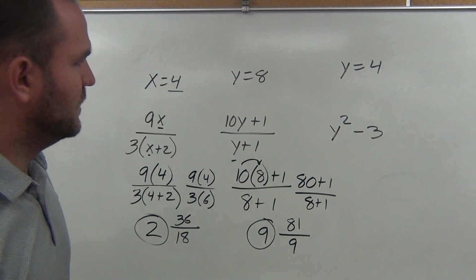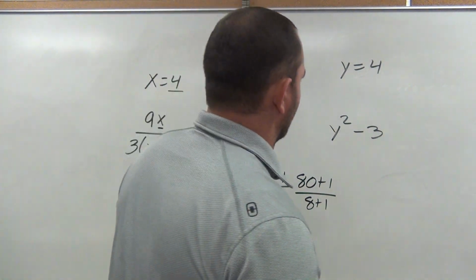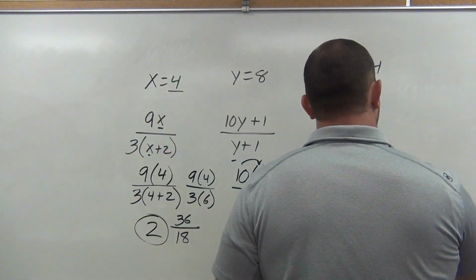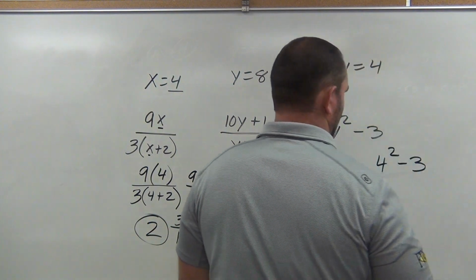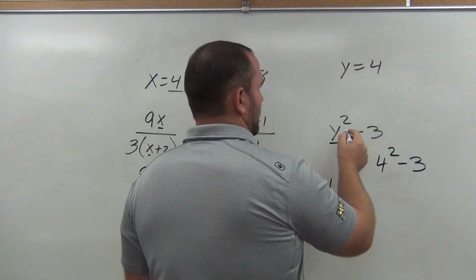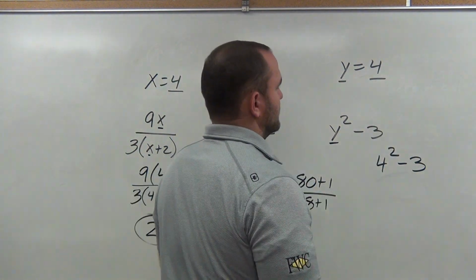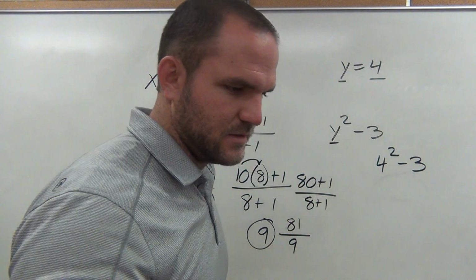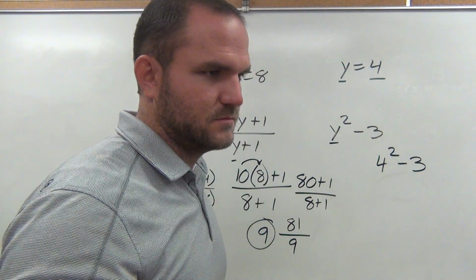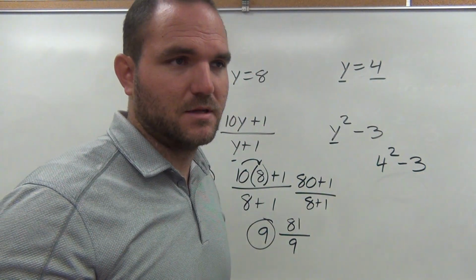Okay, well, let's move into this last problem here. So y equals 4. Plugged it in for my y. See how all three of those are equal to each other? Now we're going back through parentheses, exponents, multiply, divide, add, subtract, PEMDAS.